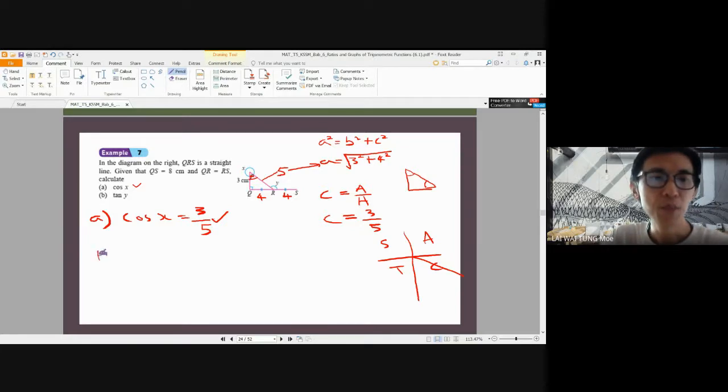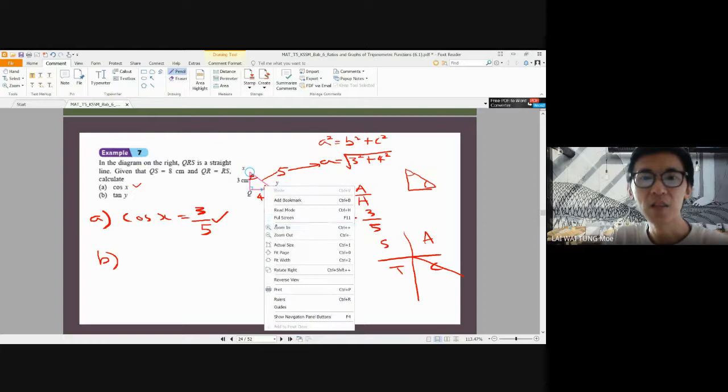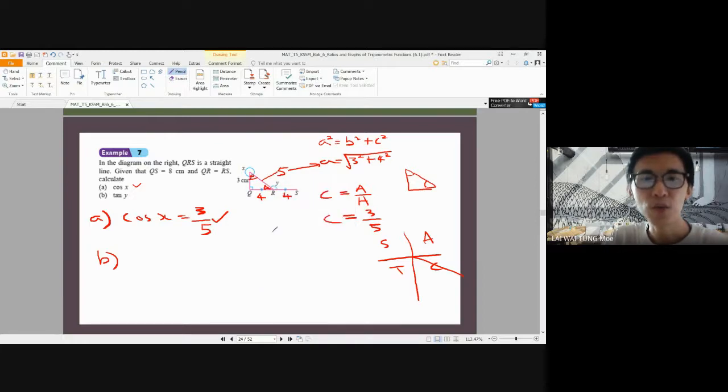And then for question B, find out the tangent y. You notice this angle y also is outside the right angle triangle. So we'll use the alpha here. If you look at the alpha for this angle inside the triangle, we want to find the tangent.